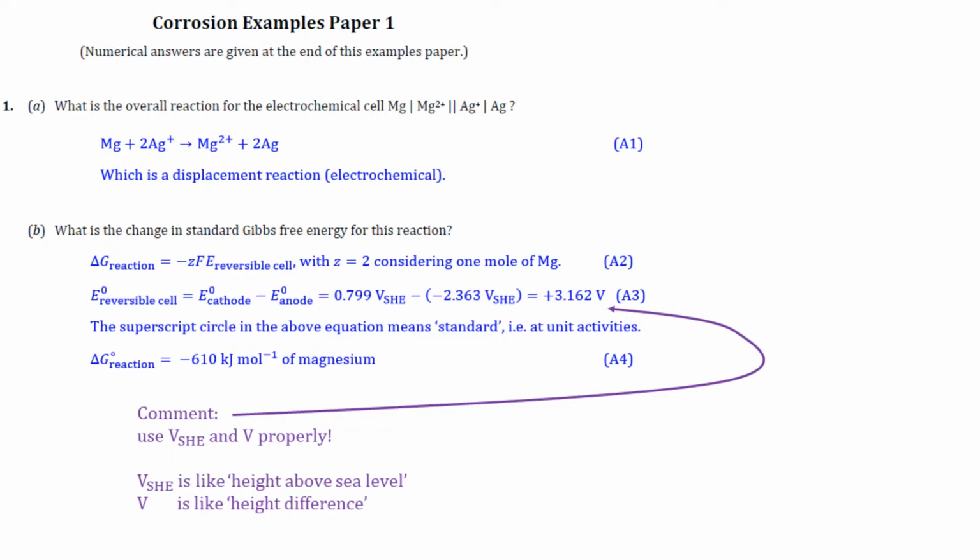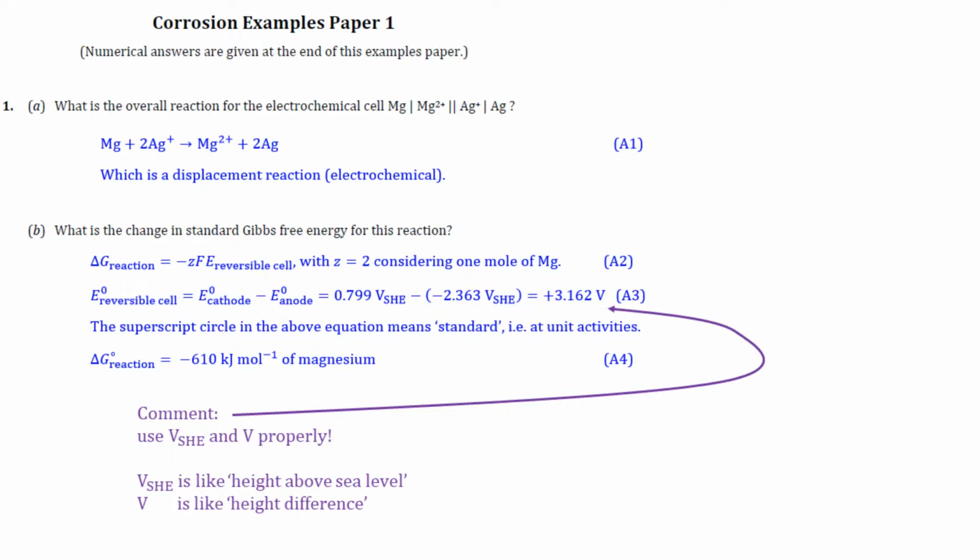What I have done correctly is to take the cathode potential written in volts SHE and subtract the anode potential, which is also written in volts SHE, and tell you the potential difference across the cell in just volts. This is correct, but obviously there are several ways which students write this down incorrectly in exams.